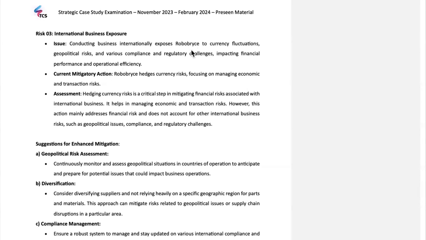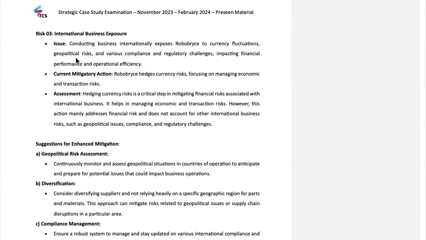So they have identified 3 different risks, but when it comes to developing mitigatory action, they have only focused on one. As I highlighted earlier, that is the risk pertaining to currency fluctuation. That is how it is managed, because Robobryce hedges currency risks, focusing on managing economic and transaction risks. So that is taken care of.